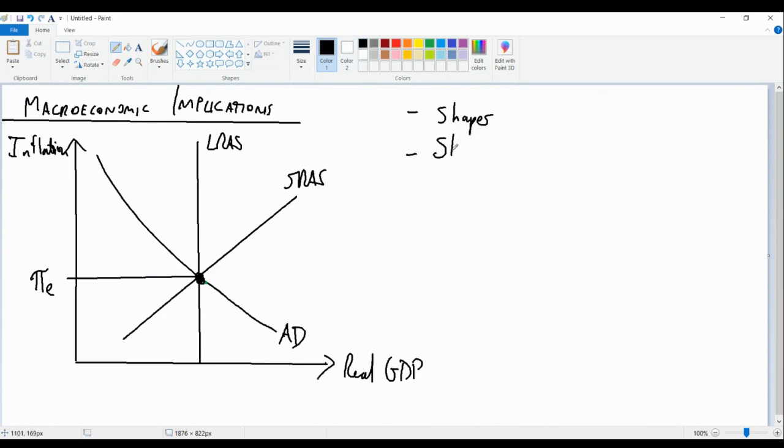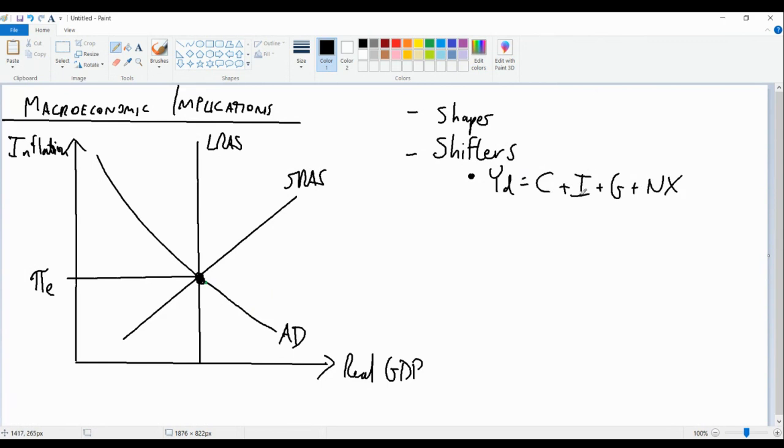And the next thing you need to worry about are shifters, things that might move one or other of these lines. The list for the demand curve is very long, right? So the way to think about the demand curve and what might shift it is to remember that the demand curve is made up by this.